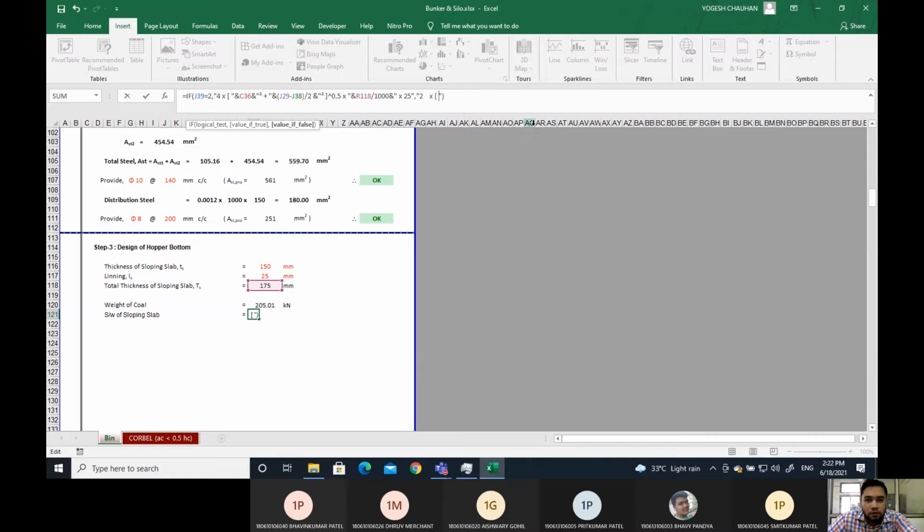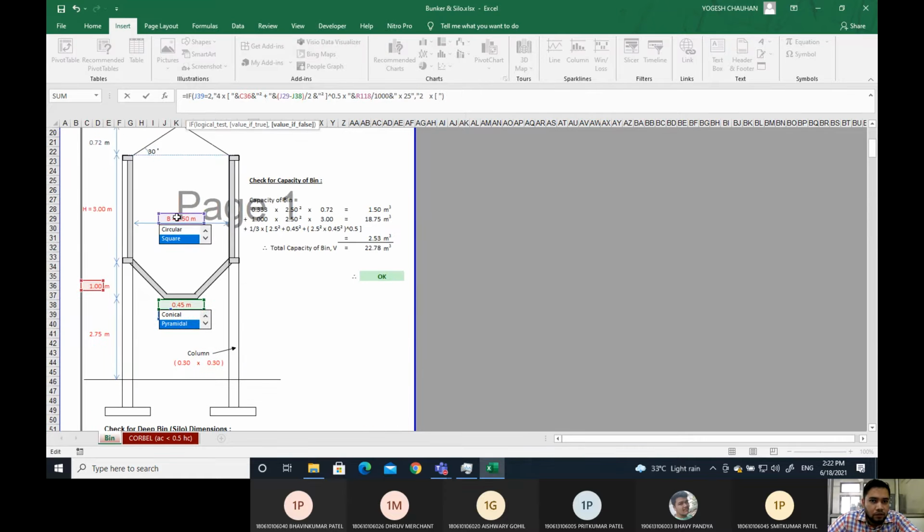So average can be taken as this by 2, but this is again so close, and plus bracket plus this by 2 and bracket close by 2.